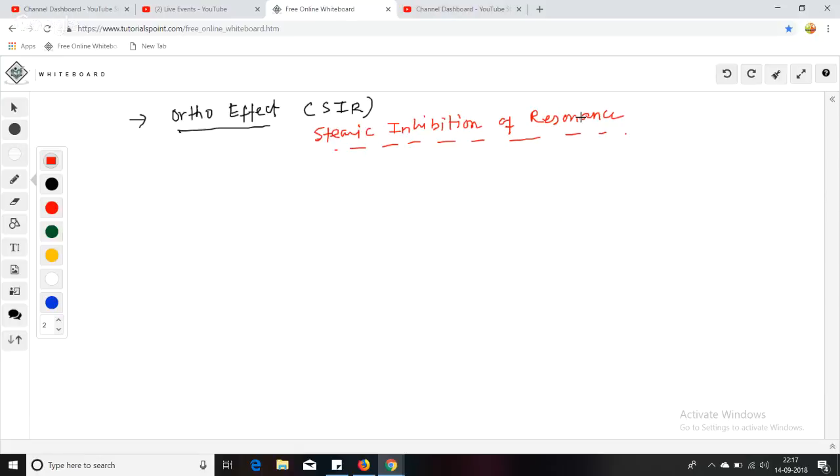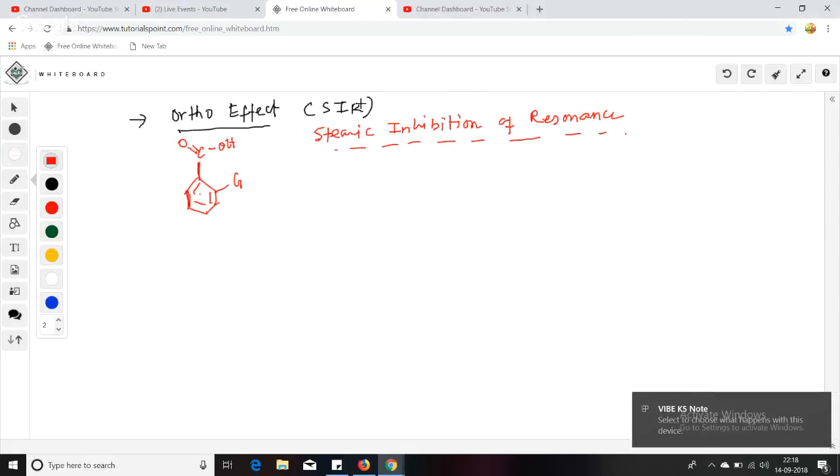Steric inhibition of resonance. Okay, so what happens in this, you see, whenever you have any group present at ortho position, and here we have COOH. So if a group is not present at ortho position, what is this compound?